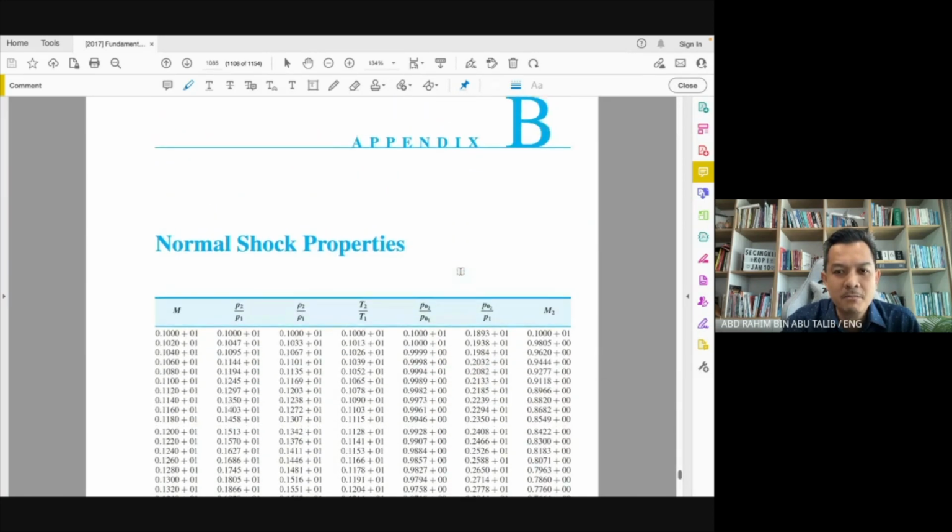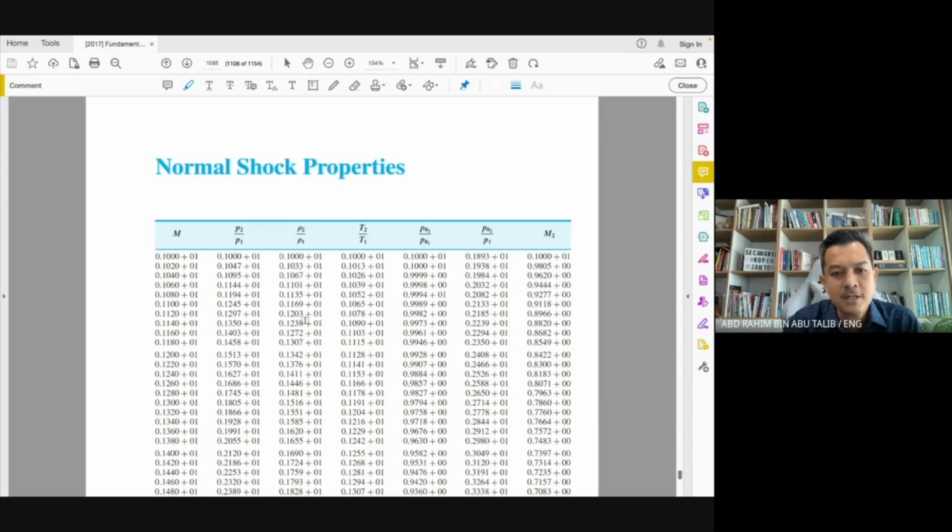So in Appendix B, we have already looked at this table before. So this is a table for normal shock properties. Okay, it gives you the value of Mach number, the ratio of pressure, the ratio of density, the ratio of temperature, the ratio of P02 over P01, and the ratio P02 over P1, and the value of M2.